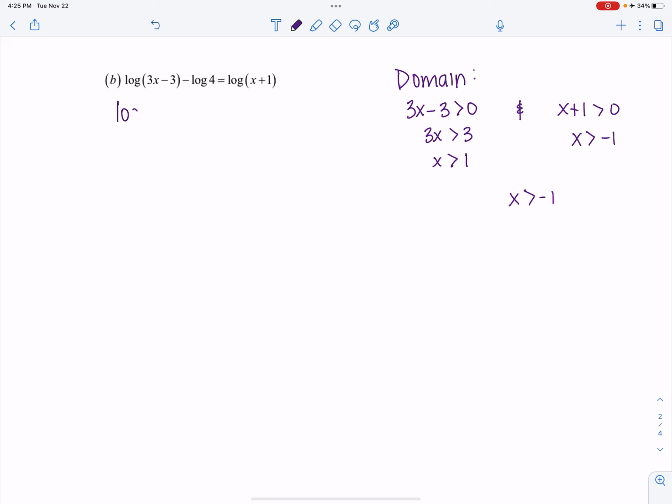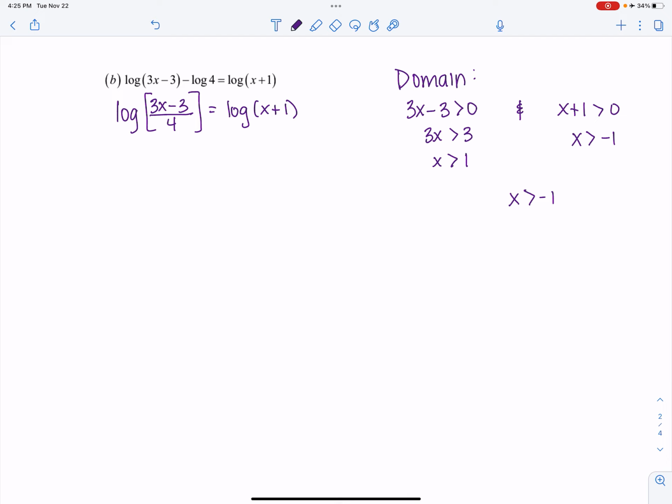We have log, and it's a base 10, so there's no base showing, and that just tells us it's our common log. And our numerator is 3x minus 3, and our denominator is 4. So this is inside of our log. And the other side we didn't do anything with, not yet.